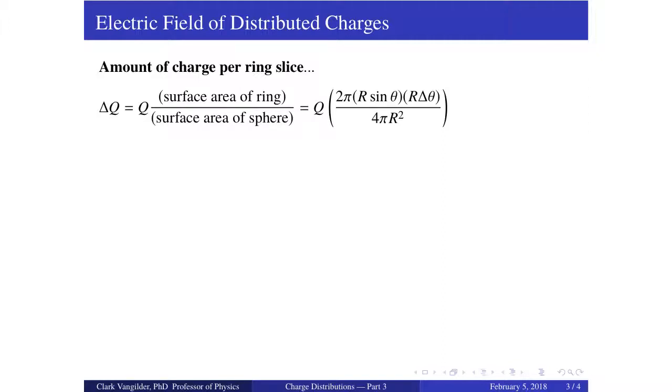So the amount of charge per ring slice. Remember, this is the charge density idea. The surface area of the ring, as a part of the whole surface area of the sphere, that fraction of the total charge is what our chunk of charge is.